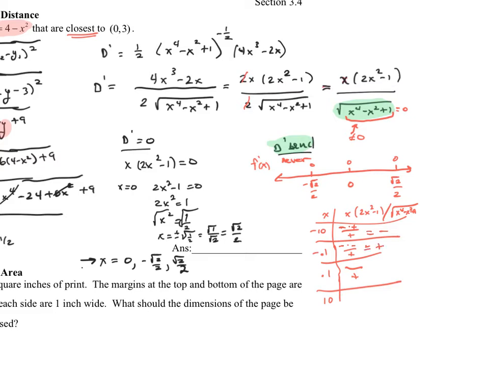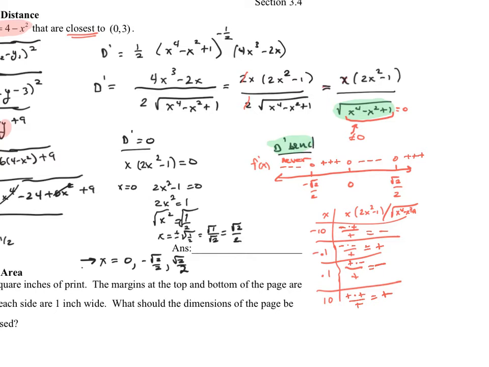If I plugged in 0.1, I'd have a positive times a negative over a positive, which is negative. And if I plugged in 10, I'd have a positive times a positive over a positive, which is positive. So I have negative, positive, negative, positive.